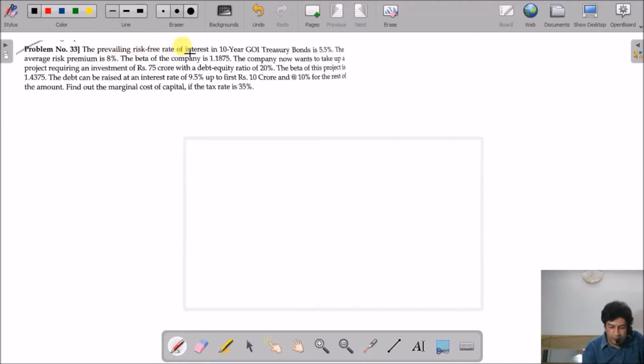The prevailing risk-free rate in 10-year Government of India Treasury bonds is 5.5%. It means the risk-free rate is 5.5 percentage, which they have given to us. Give me 1 minute, I will make this a little bit darker.